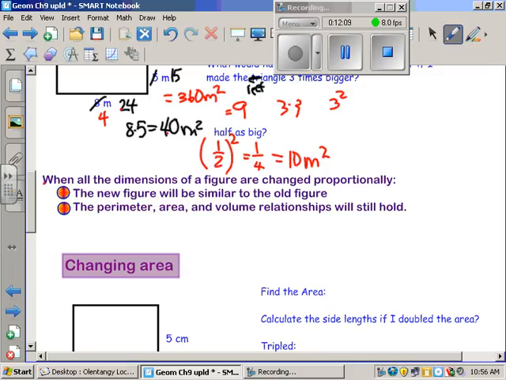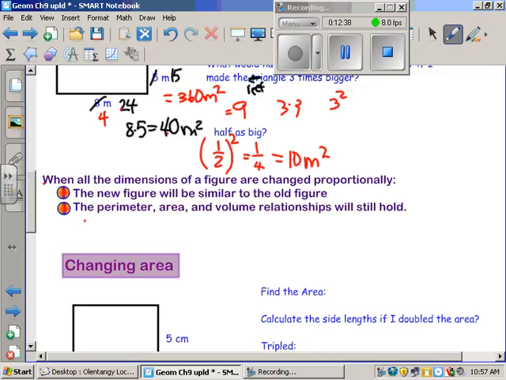And that works when everything's being multiplied. Kind of the only one that doesn't, if you can't just change 3 things, is a trapezoid, because B1 and B2 are being added together. So if you double B1, you double B2, and you double the height, it's only going to go up by the square, because B1 and B2 are being added together.